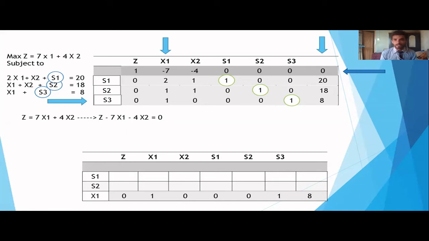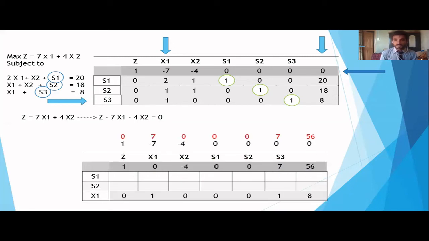This means that we add the pivot row to the row where the -7 appears and place the answer in the objective function row of the second table.